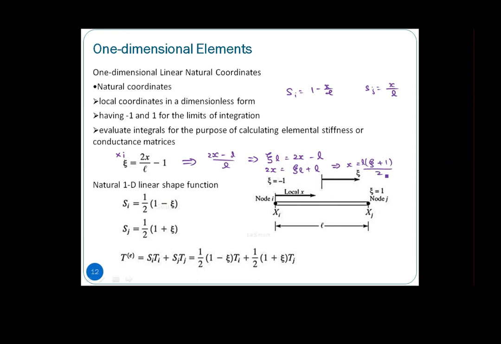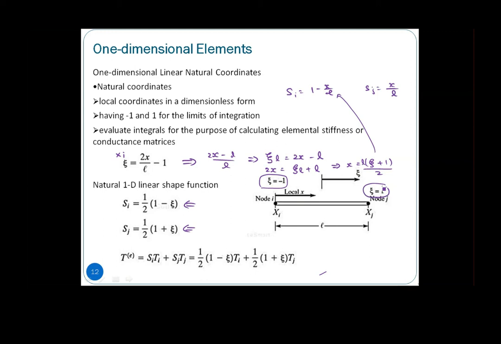In that case, if you substitute into these forms, you will get Si equals this in terms of xi, and Sj equals this, and that is what we call the properties. So at node I, your xi is -1, and for node J, your xi is 1.